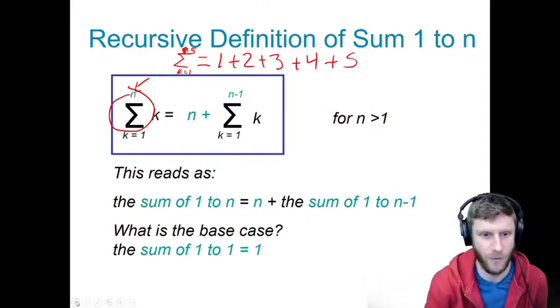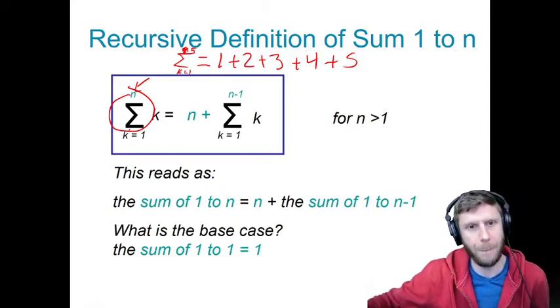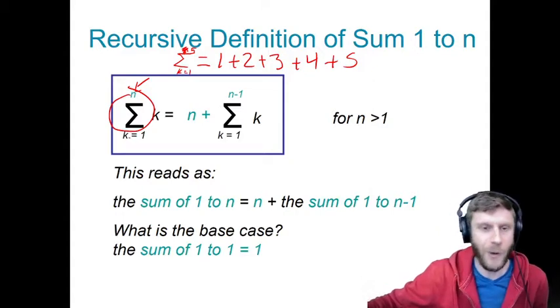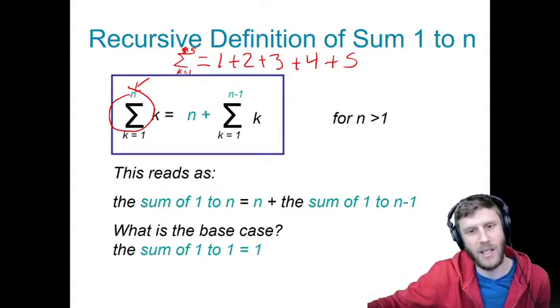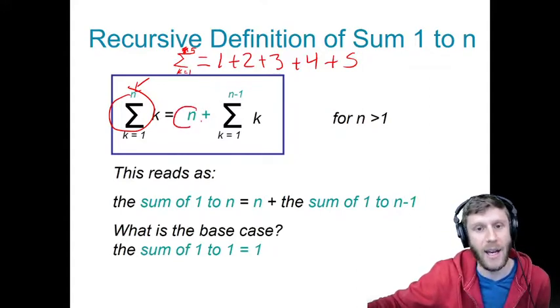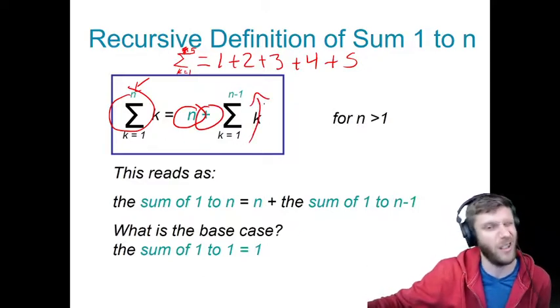But for fun, let's do it recursively. What if we took the sum from 1 to n and said, instead of doing that, what if we take n and then just add n to the sum of all numbers from 1 up to but excluding it?